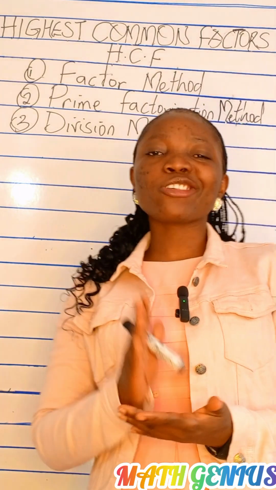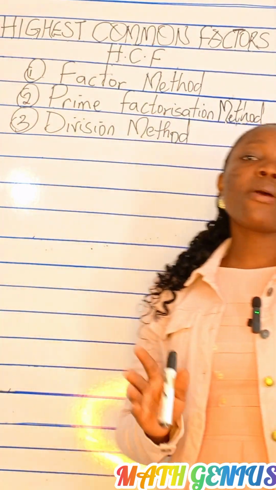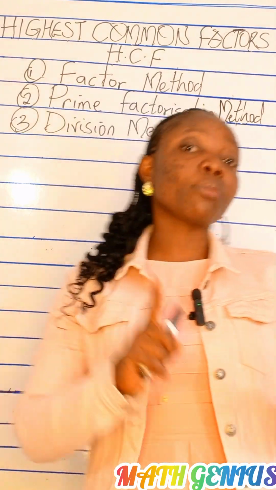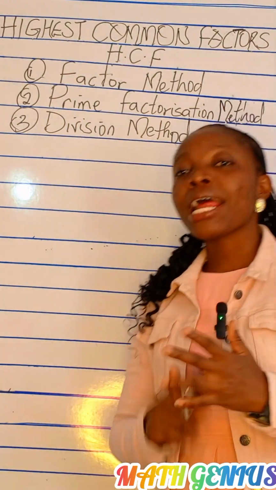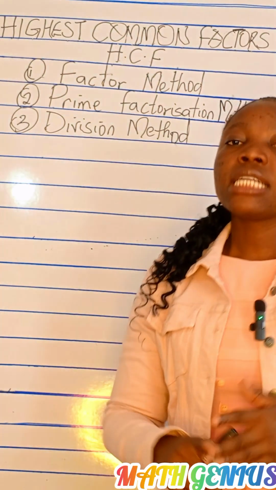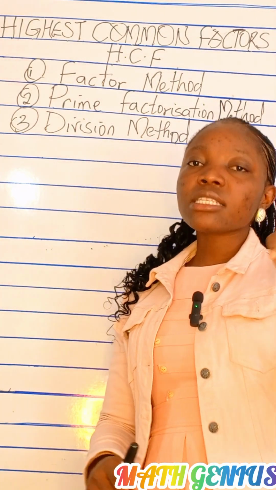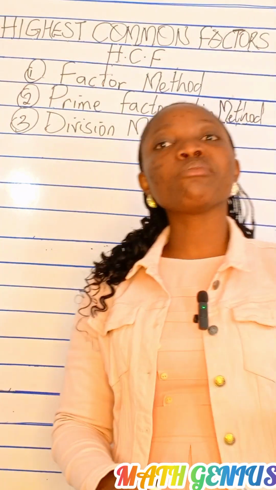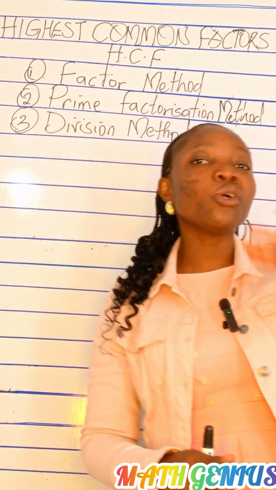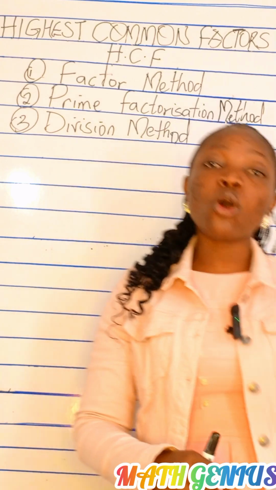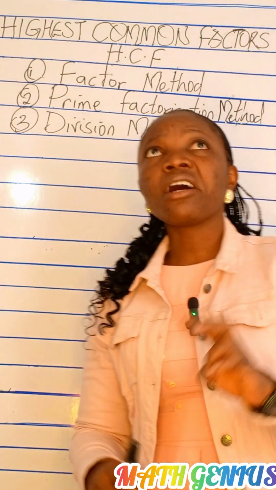But in finding highest common factor, there are different methods you can apply. You have the factor method, you have the prime factorization method, then you have, of course, the division method. I will be starting with the factor method because that's the most convenient method for those in lower grades, say grade 3, grade 4, grade 5.